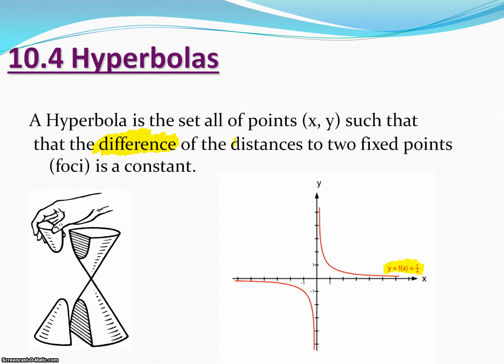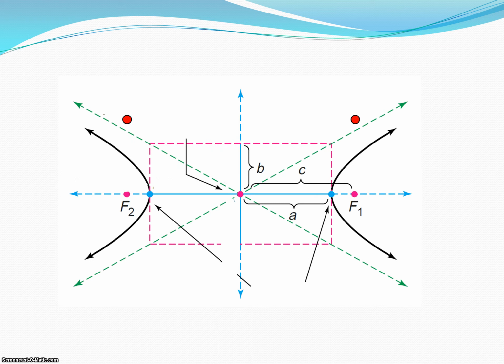Okay, we're going to look at a couple of the basic parts of hyperbolas. So first of all, we have the foci, F1 and F2. And then right behind the foci, we have the vertices. And if you look at the line that passes right in between the foci and the vertices, remember those are always on the same axis, we call that the transverse axis.